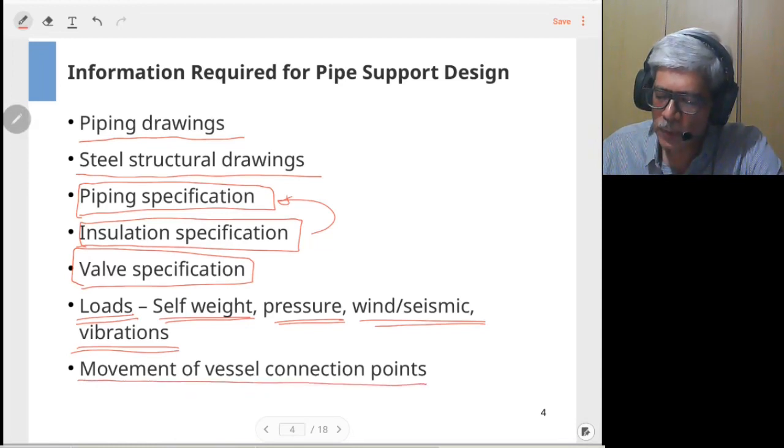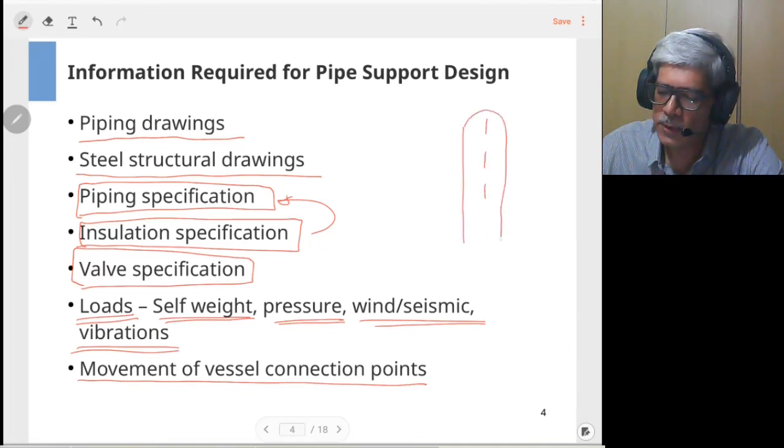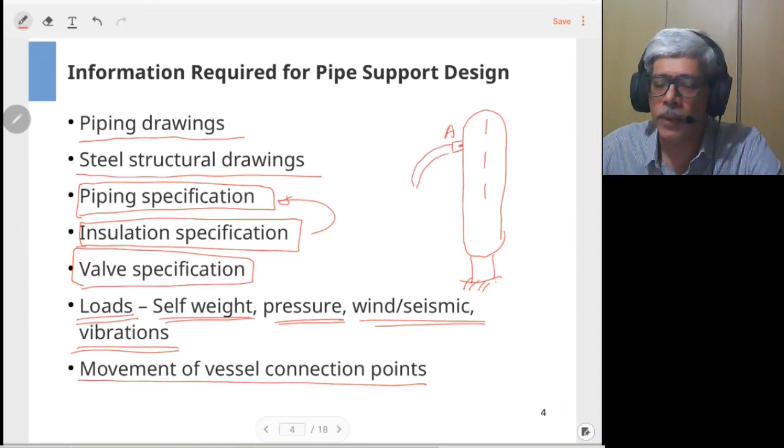We also need to know the movement of the connection points. So if you are connecting a piping to a vessel, let's imagine this is a vessel which is vertical and supported at the bottom, and you are connecting your piping somewhere at this point. So at point A you are connecting your piping.